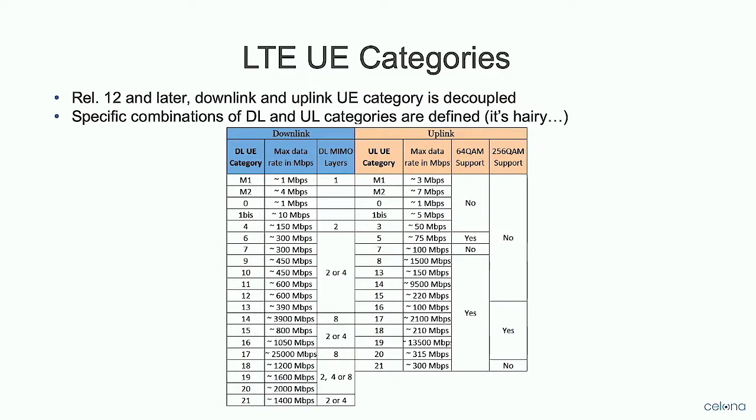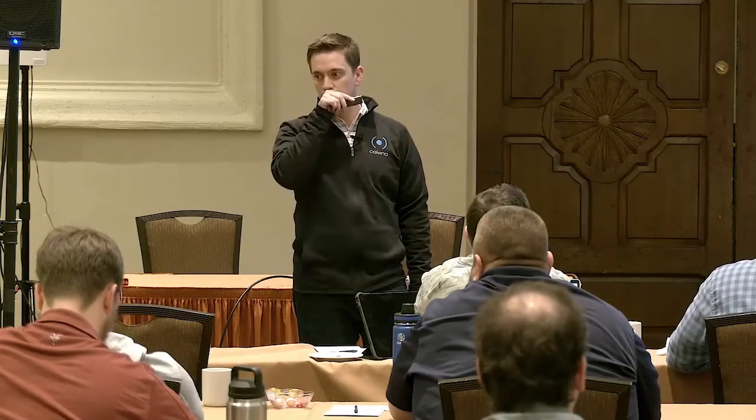Any questions on UE categories? Yeah. What's it in terms of throughput? There's some example information on different UE categories and throughput for downlink and uplink, and then the maximum modulation supported.